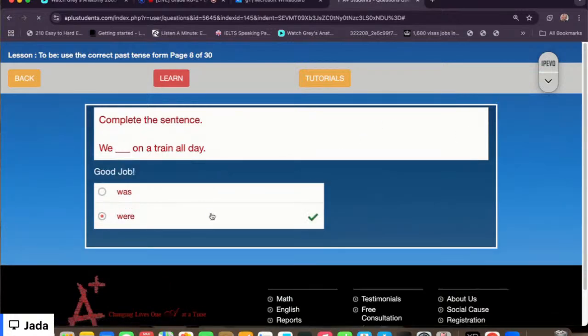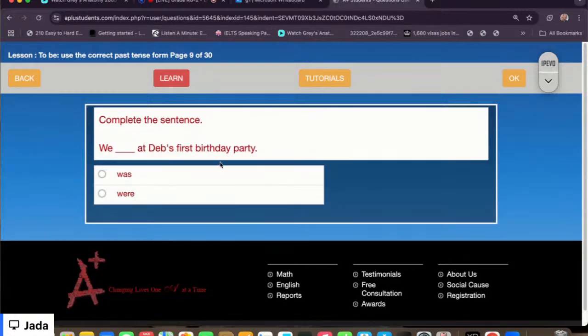Okay. So we have we dash at Deb's first birthday party. We was or we were.